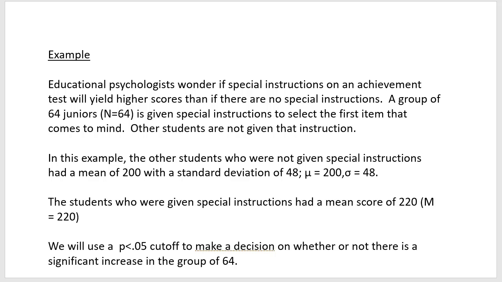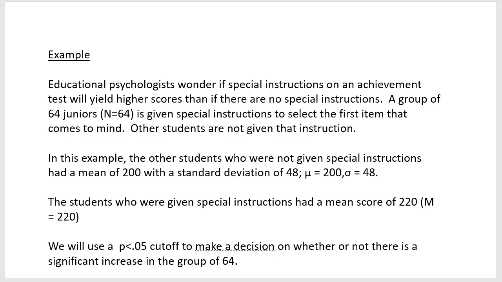So let's frame our example for this chapter, and then we will jump into the nitty-gritty. Educational psychologists wonder if special instructions on an achievement test will yield higher scores than if there are no special instructions. So it sounds like we have two groups already. One group gets special instructions on how to complete a test, and the other group is not given special instructions.